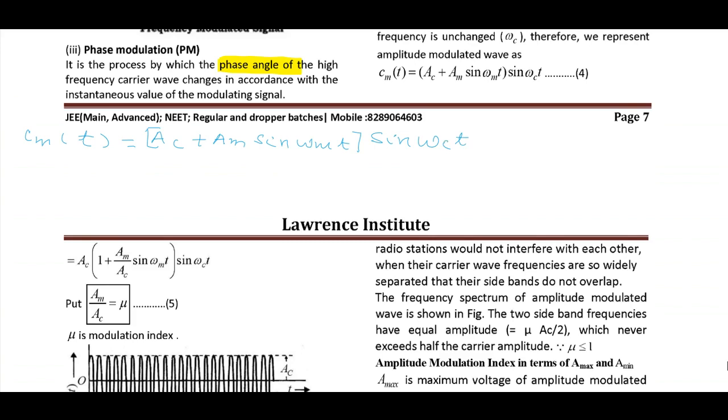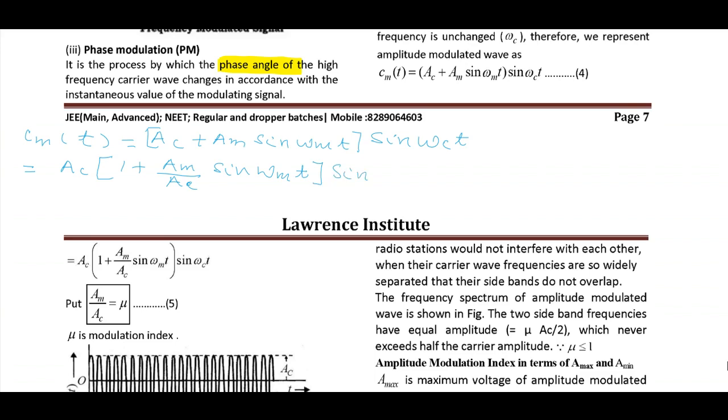Now we will take AC, the amplitude of the carrier wave, as common. We will get 1 plus AM, the amplitude of the modulating wave, divided by AC, the amplitude of the carrier wave, times sine omega m t. Omega m is the frequency of the modulating signal.